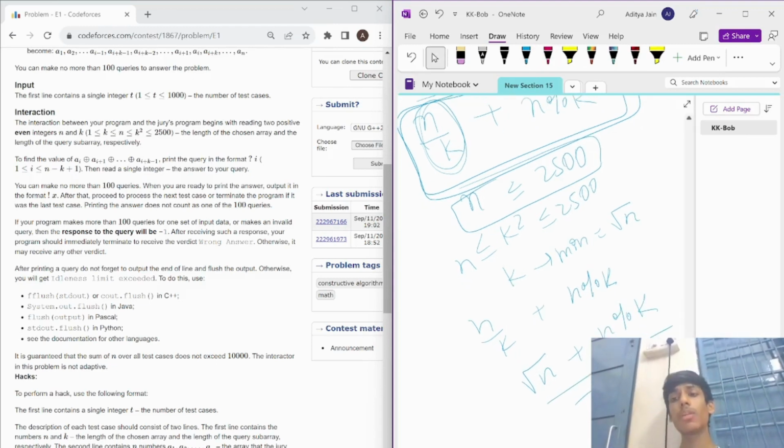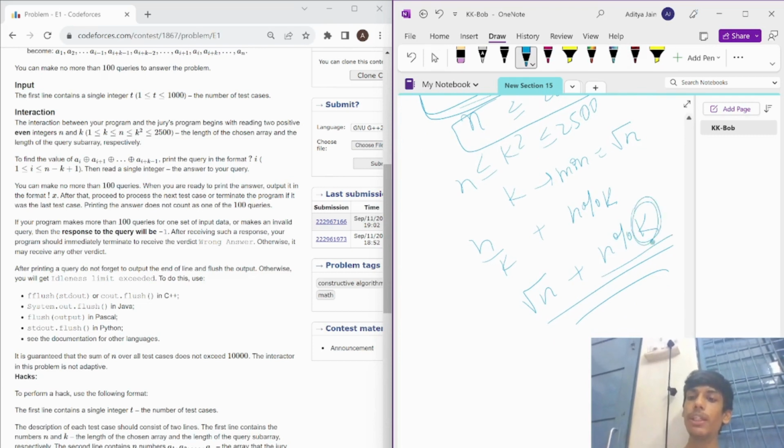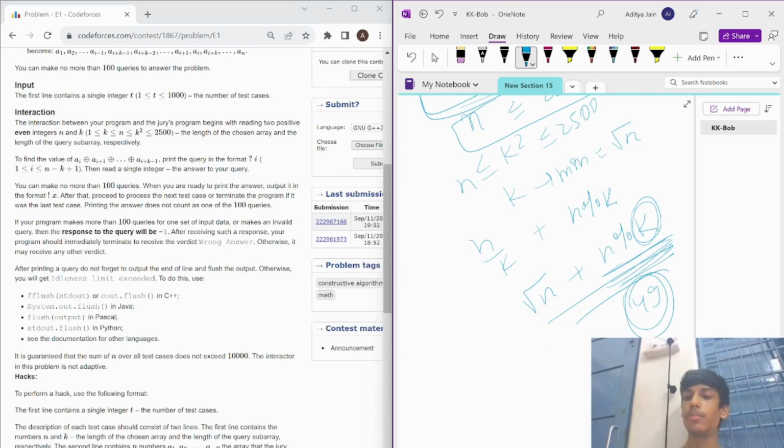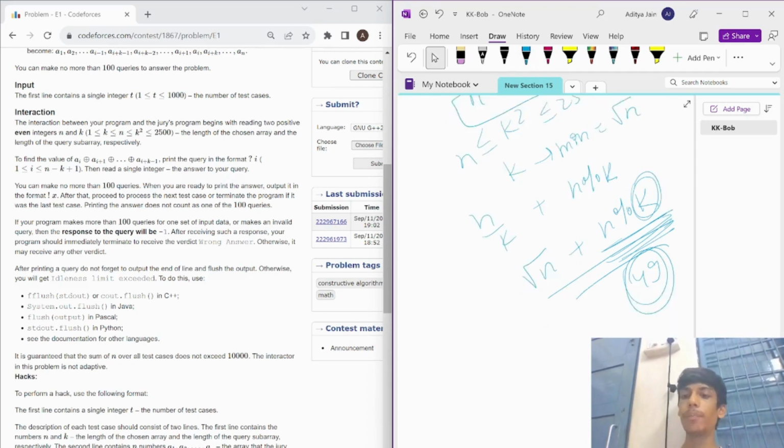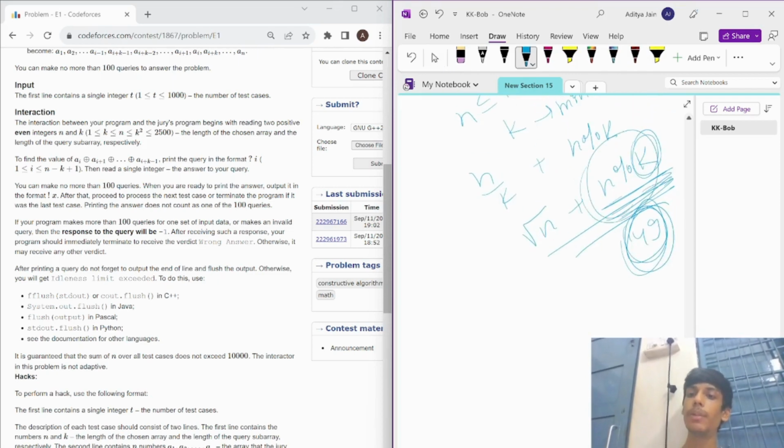Now, what can be the maximum value of k? The maximum value of k is basically 50, right? Because k square is less than or equal to 2500. So if k's maximum value is 50, n percent k's maximum value can be 49, because the maximum remainder that you can get after dividing n by k is 49.